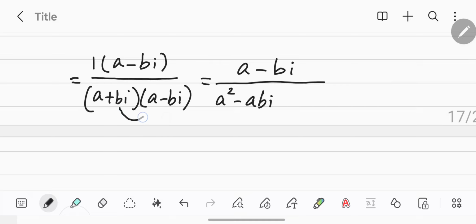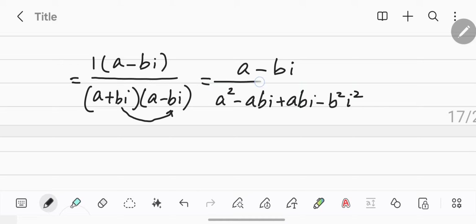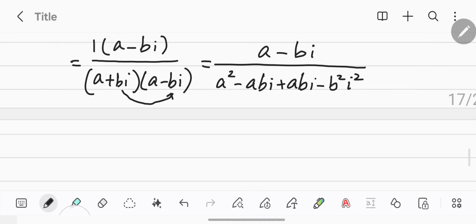Now, multiply this with this, ab iota, then multiply this with this, negative b square iota square. Make sense? Okay.